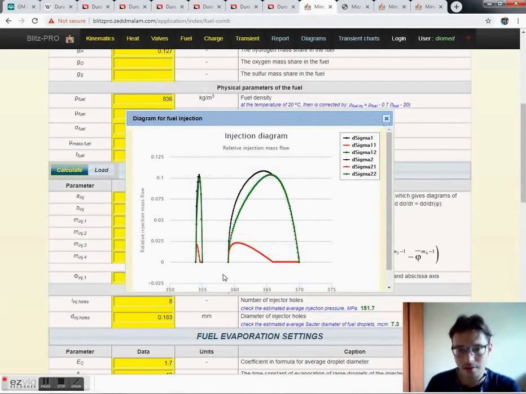So when the main fuel is introduced into the cylinder, the ignition delay becomes very small, and so we avoid this knocking combustion and this undesired first peak in the heat release diagram. Let's see how it works.